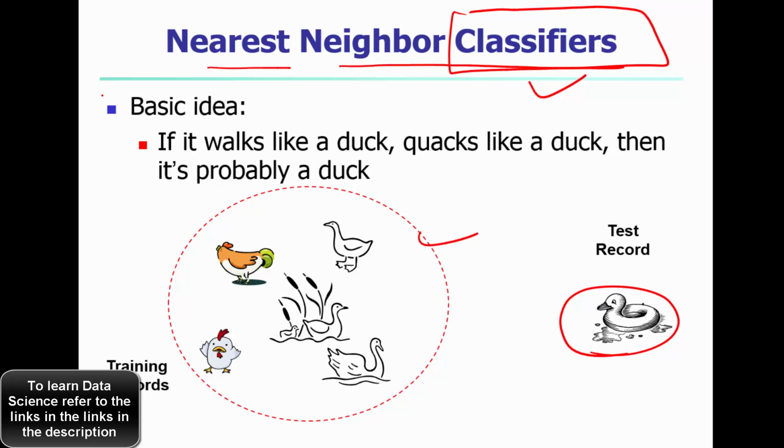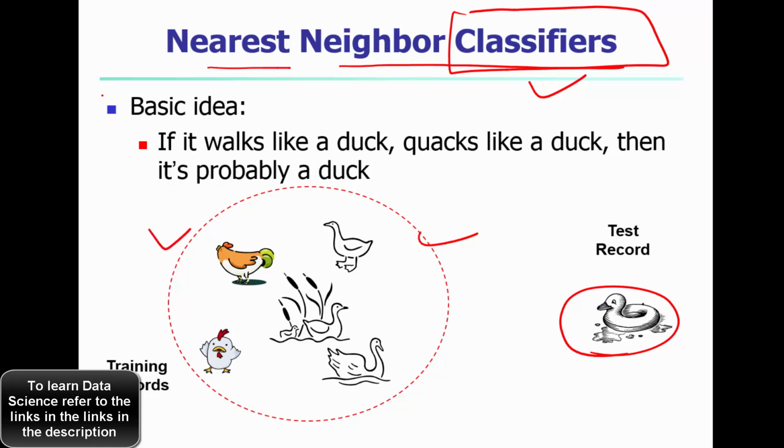We have got different birds, and we just have to match how close this picture is with the given pictures. All we need to do here is to measure the distance: how close this picture is with another picture. The closer the picture is, the more probable it is that it is similar to a given picture.